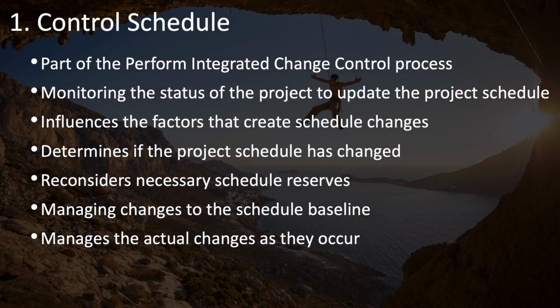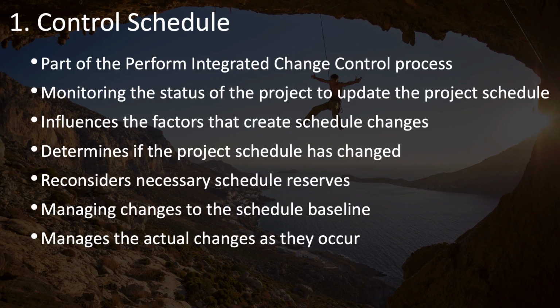The control schedule process is similar to the control scope process. They both monitor the status of the project, they both manage changes to the baseline, and they both interface with and are even considered a part of the perform integrated change control process. Control schedule monitors the status of the project relative to the schedule in order to update the schedule as needed.